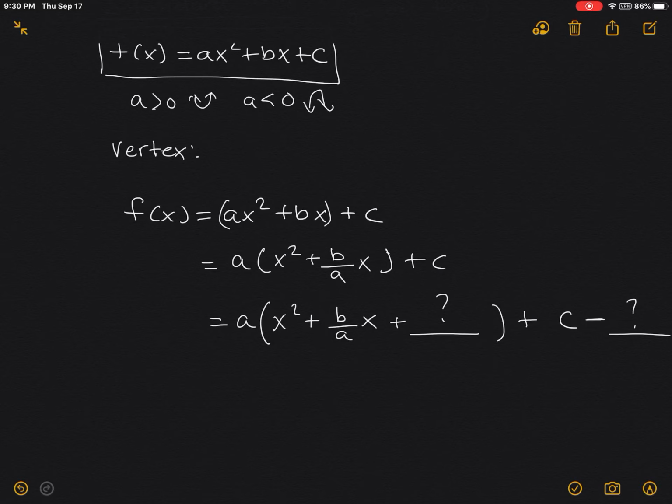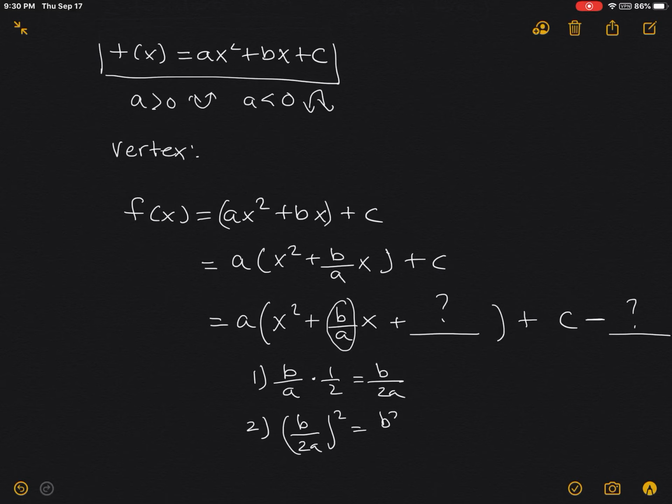Okay, so if you remember completing the square, this is good review. I take b over a, step number 1. This should be b over a, I should say. I take this coefficient right here, and I divide by 2 or multiply by 1/2. Okay, so I'm going to get b over 2a. And then step number 2, after I divide by 2, I square it.